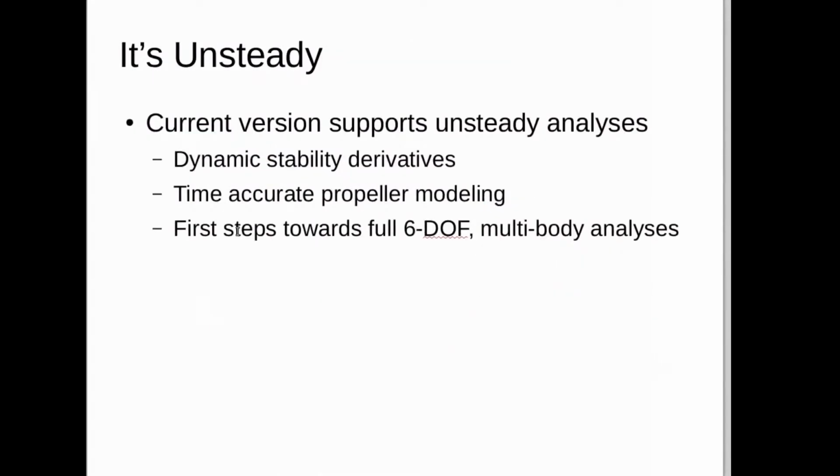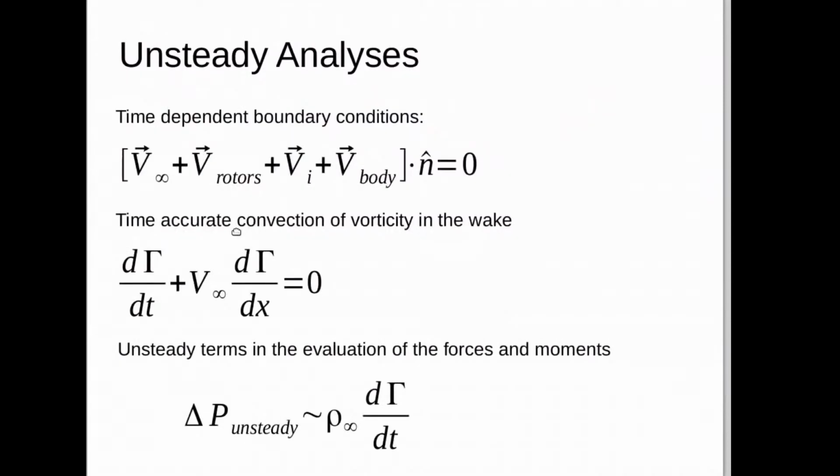All right, so it's unsteady. The current version supports unsteady analyses, so we can do things like dynamic stability derivative estimates, time-accurate modeling of propellers, and some first steps towards full 6-DOF that I'll show just some pretty pictures of at the end. So unsteady analyses.